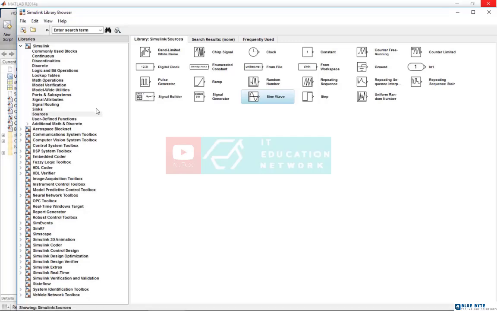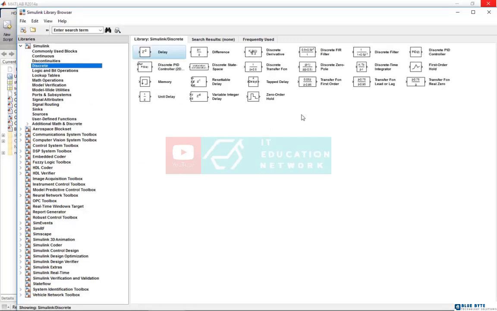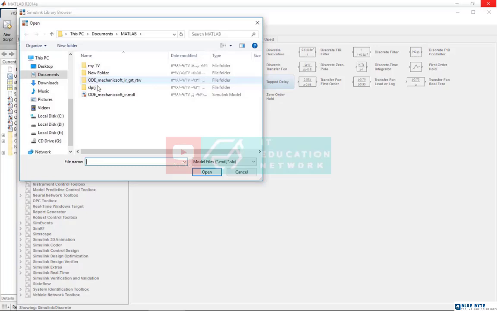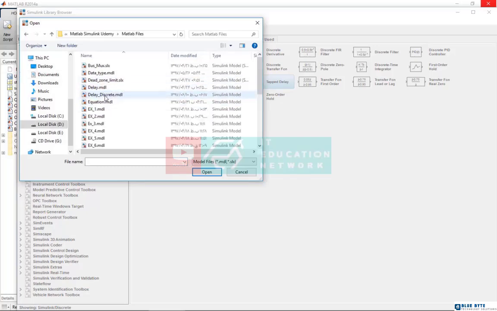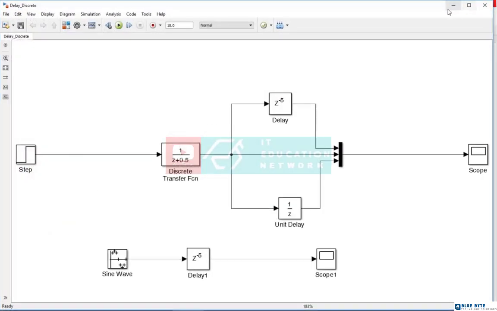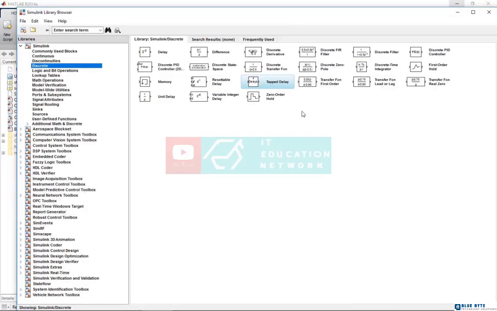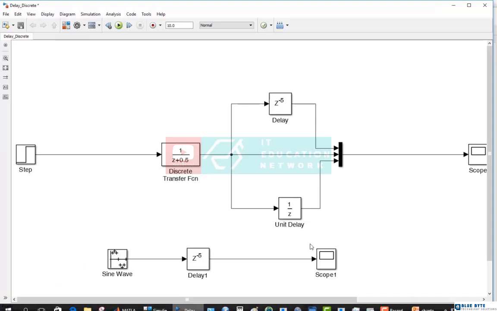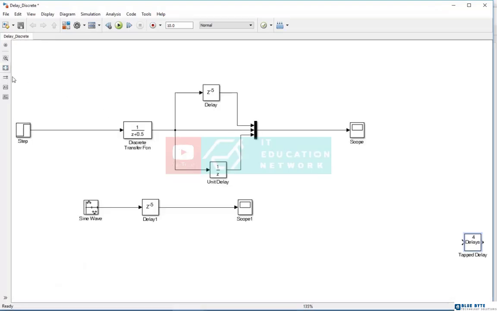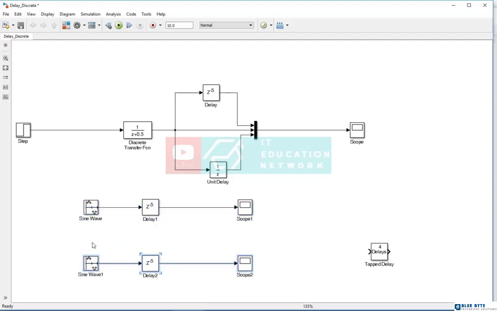It is very applicable. I want to use it in the previous example. But how does it work? Like the previous block, we have initial condition, sample time, and number of delays.